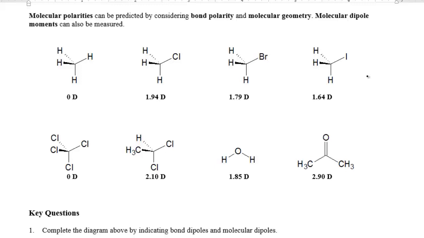Okay, so let's start first of all with methane, which is on the left-hand side. And one of the general rules of thumb is, for the most part, even though there is a difference in electronegativity between carbon and hydrogen, that difference is small. And so for the most part, it's perhaps best to consider that that bond is relatively non-polar.